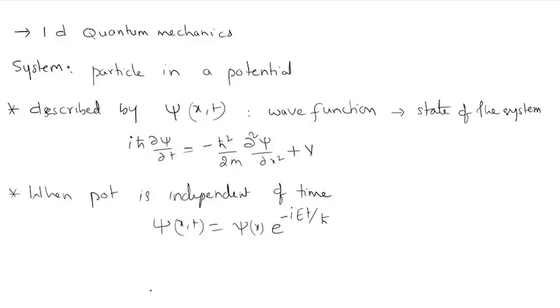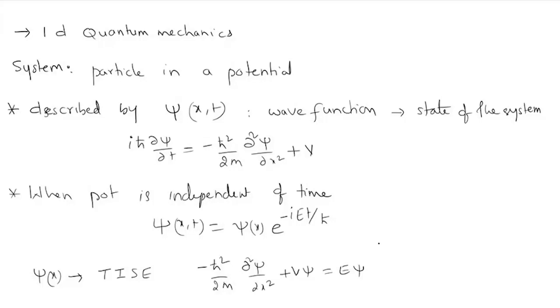This psi of x satisfies the Schrodinger equation, which we call the time independent Schrodinger equation. Let me write it once and for all: the kinetic term plus V psi is equal to E psi.